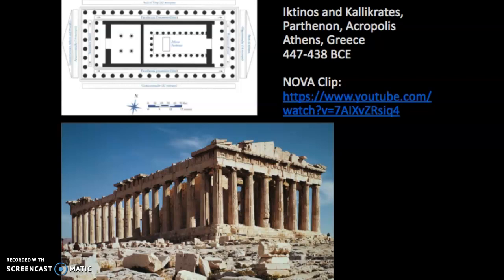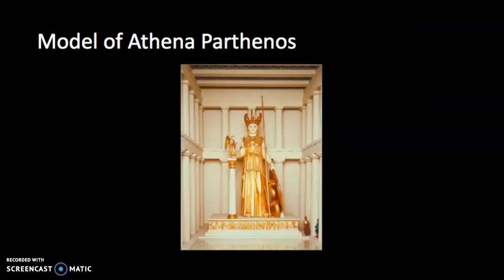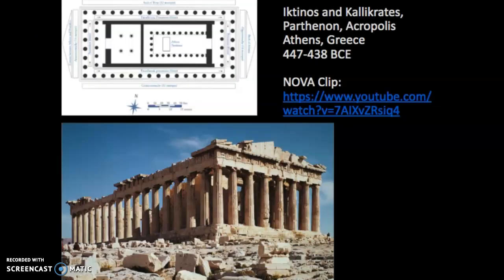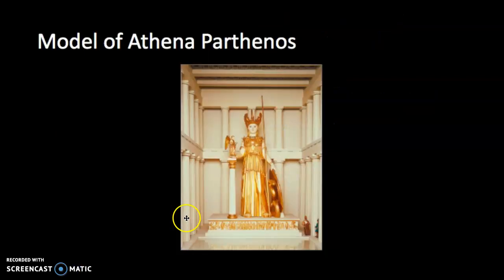Now, we also have to think about, okay, well, what did the Parthenon look like originally? Even though we love all of this pure white marble, all of the stone that we see would have been brightly painted. And the interior that's gone here, that would have held this huge statue of Athena, the patron goddess of Athens.